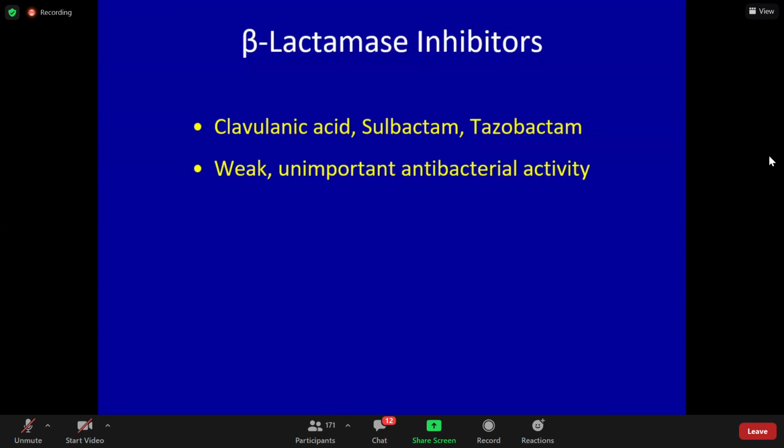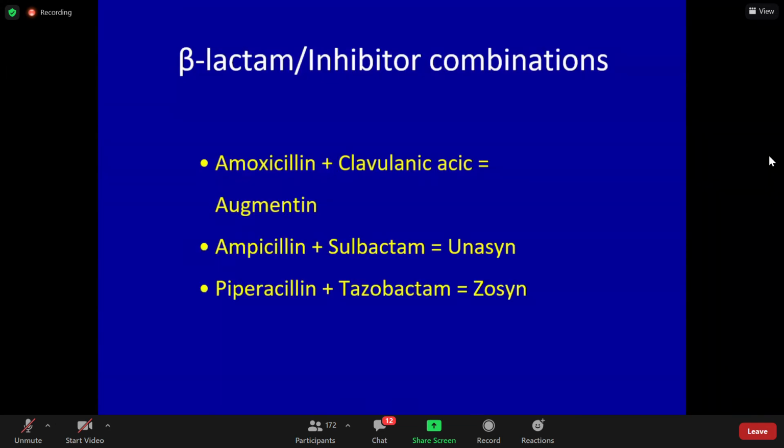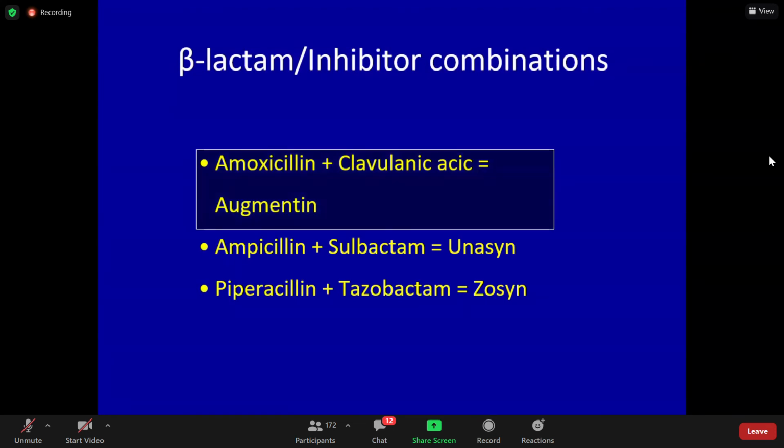Augmentin is basically the combination of clavulanic acid and amoxicillin. Amoxicillin alone in bacteria producing beta-lactamase will be ineffective because it will be destroyed by beta-lactamase. But combined with clavulanic acid in the formulation Augmentin, it will still be effective because beta-lactamase will be inhibited by clavulanic acid. So there are three beta-lactamase inhibitors, but at this level we will concentrate more on this combination, co-amoxiclav, or the combination of clavulanic acid plus amoxicillin.